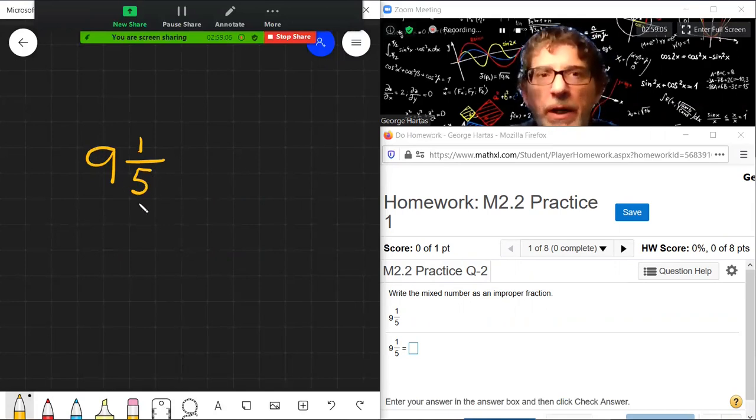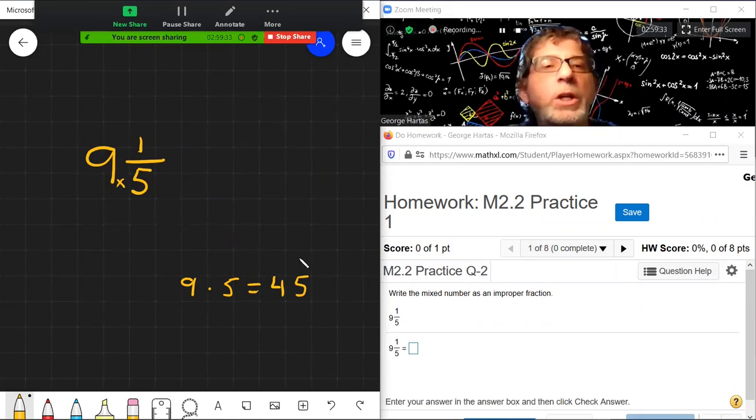As a way to remember that, I'll put a little multiplication symbol there to remind me that I'm going to multiply the whole number part and the denominator. So 9 times 5, on the side somewhere, 9 times 5 is 45.